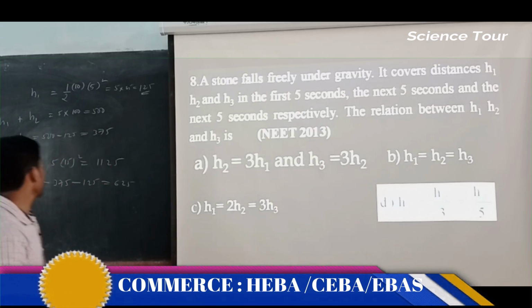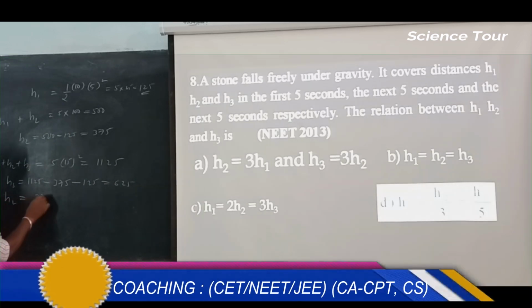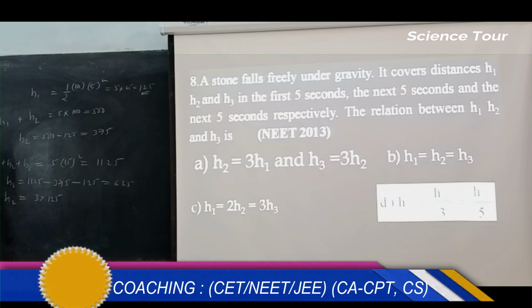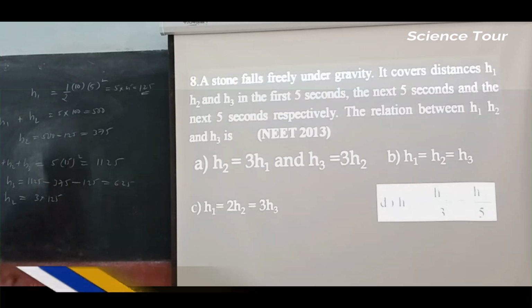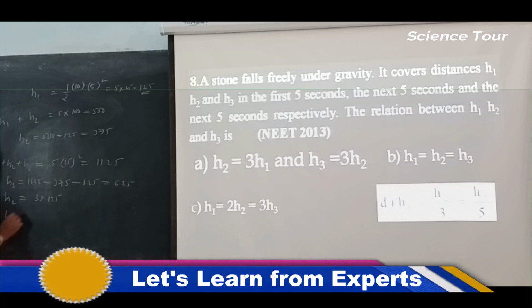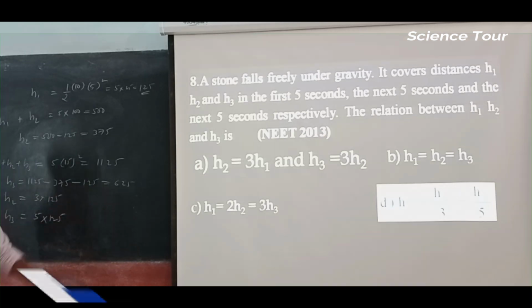Now how can I write this? h1 is 125, h2 is 3 times 125, that is 375, and h3 is 5 times h1, that is 625.